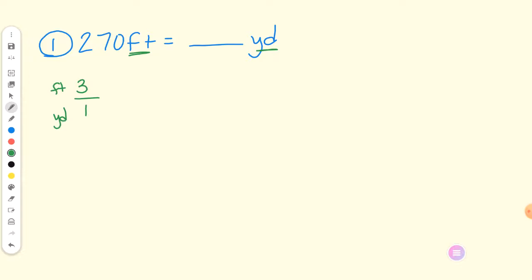How can I build off that? Where am I trying to get to, Tatum? I'm trying to get to 270 feet, so where do I need to put my 270?